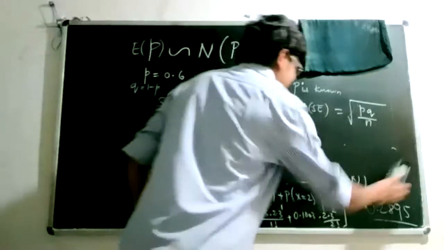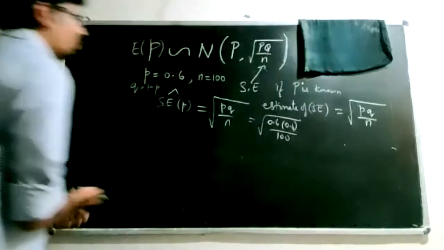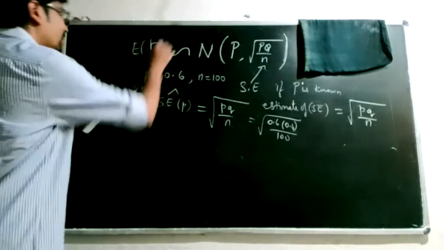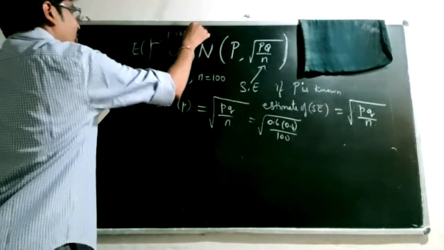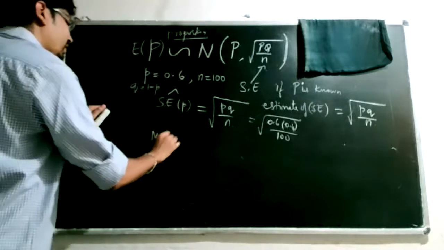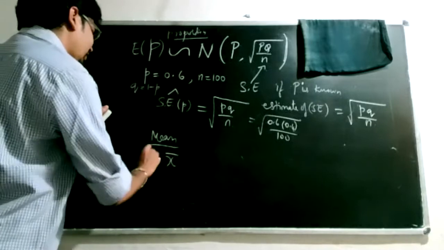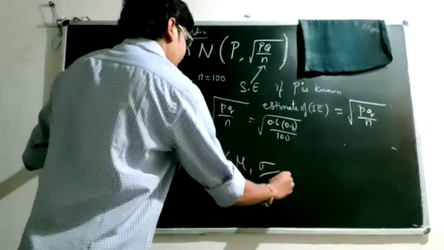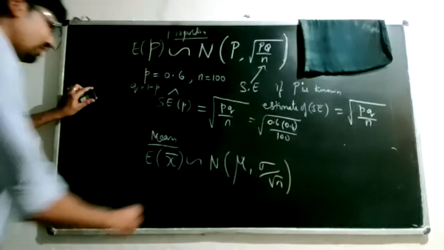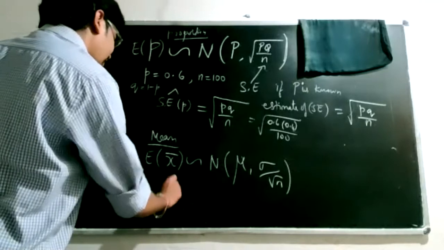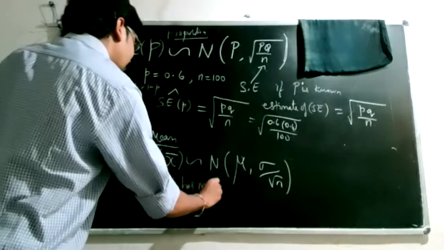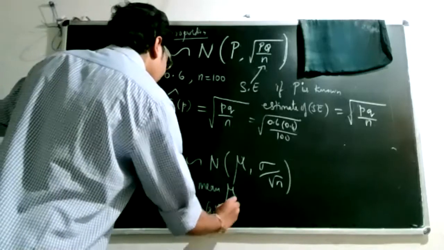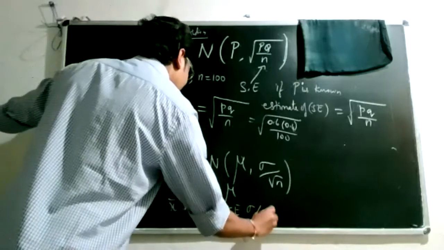So always remember this, the standard error of proportion as well as the standard error of the mean. So this is for proportion, and similarly for mean, x bar always follows a normal distribution with parameters mu and sigma by root n. That means x bar has mean mu, and x bar has standard deviation, which we call standard error, sigma by root n.